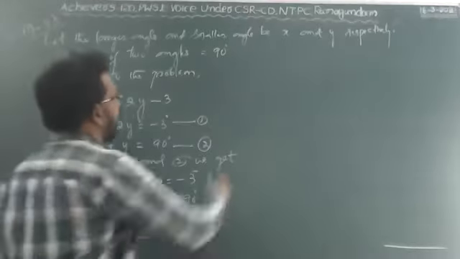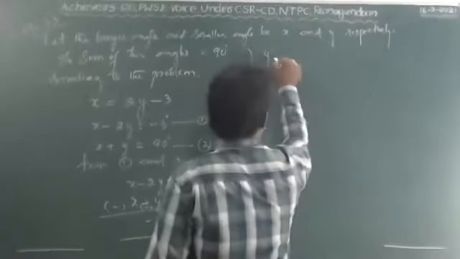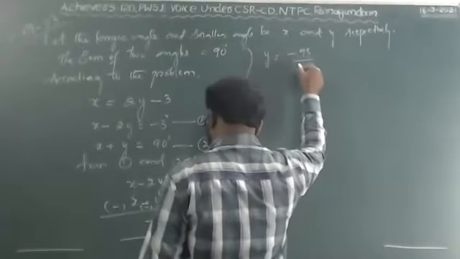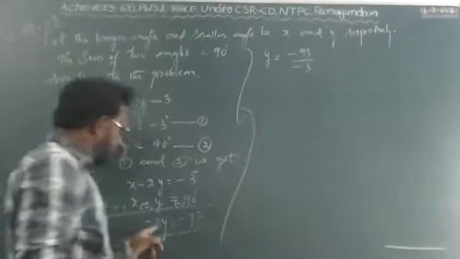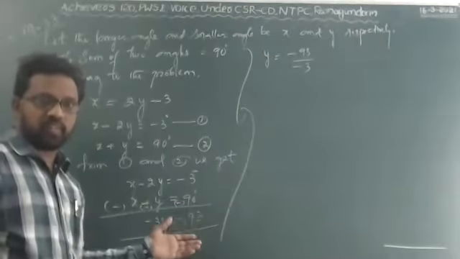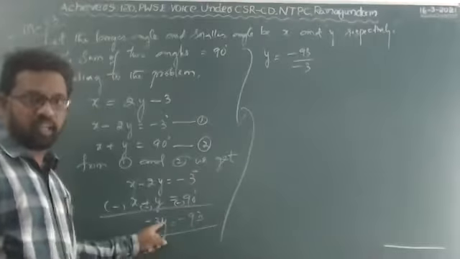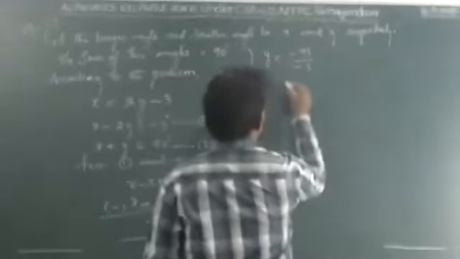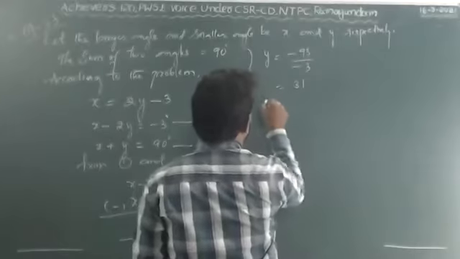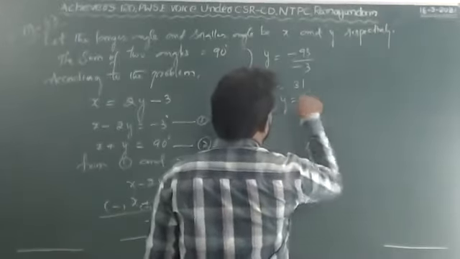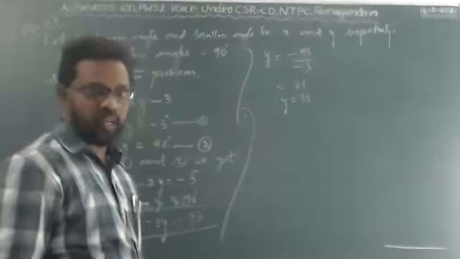And y is equal to minus 93 by minus 3. Whenever we send it to the RHS, it goes to the denominator since it is a product. Minus minus gets cancelled and y is equal to 31.